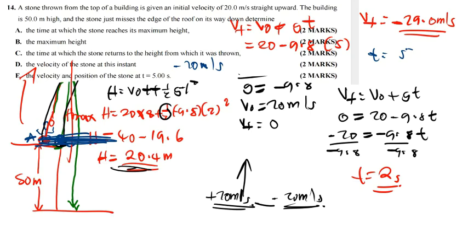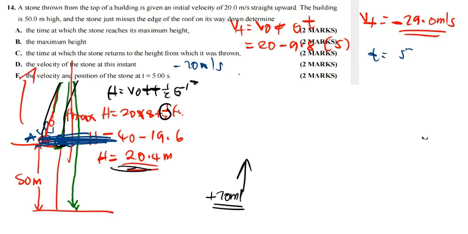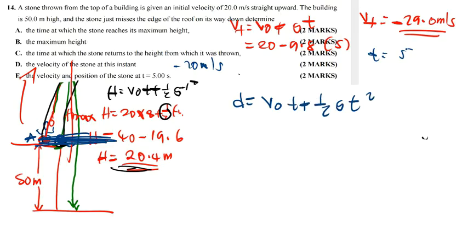So what is the position? When the question is asking about position, they're asking about the displacement. So you use this formula. D is equal to V initial times t plus half gt squared. You have everything. When it is coming down, what comes to your mind? The g is positive. Thank you.